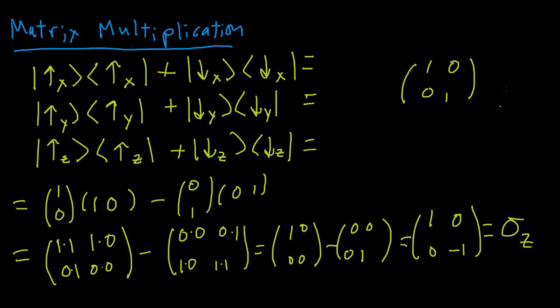And I claim that this is true due to the conservation of probability, that along any axis, the probability of measuring something up plus the probability of measuring something down always has to be 1. I'll let you ponder this for yourself. You could actually check that adding them instead of subtracting them all give this matrix. That's just an interesting thing that I want to wedge in here. But anyway, I'm going to move on.